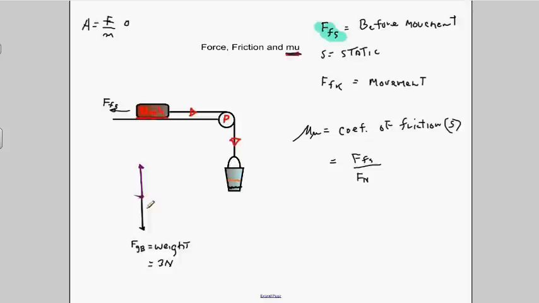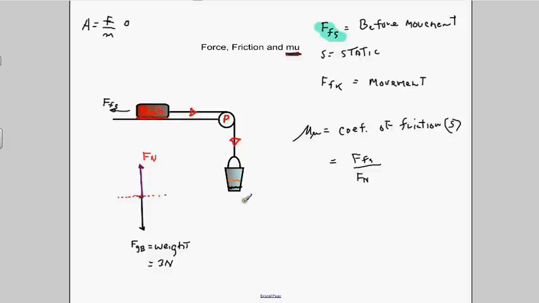Okay, so we know that this is the force normal. It is equal and opposite. Force normal is defined as the force perpendicular to a surface, and the surface is looking like that. And the force normal is 3 newtons, equal to the weight.